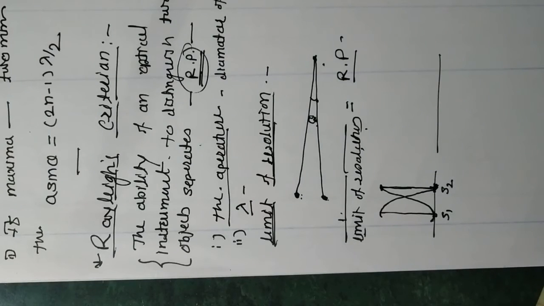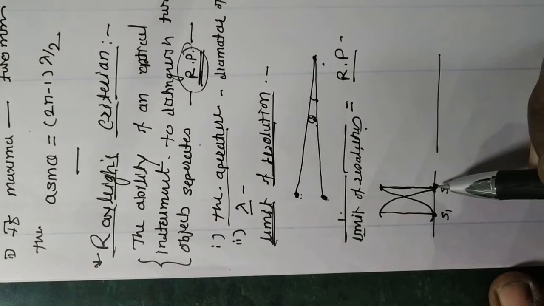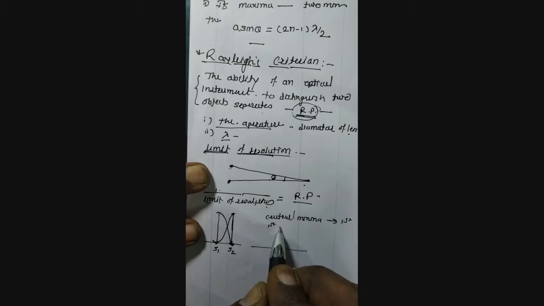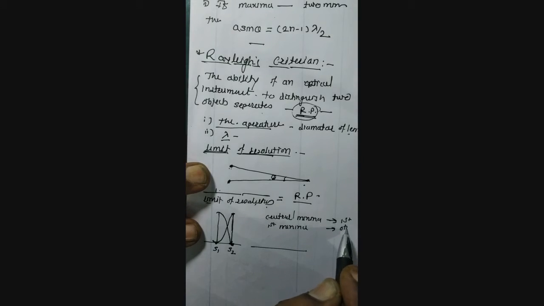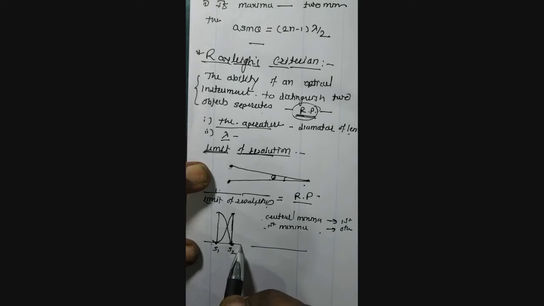According to Rayleigh, two objects are just resolved when the first minima of the diffraction pattern of one source coincides with the central maxima of the diffraction pattern of the other, and vice versa. पहिल्याचा सेंट्रल मॅक्सिमा आणि दुसऱ्याचा फर्स्ट मिनिमा हे जर एकाच ठिकाणी कोइन्साइड होत असेल, देन ऑब्जेक्ट्स आर सेड टू बी जस्ट रिझॉल्व्ड.